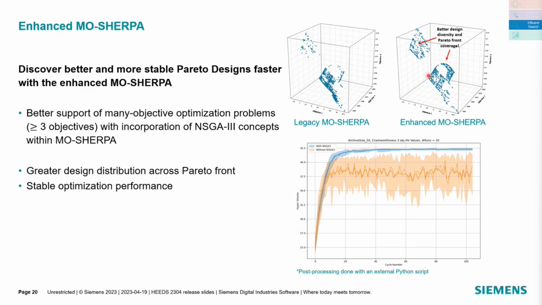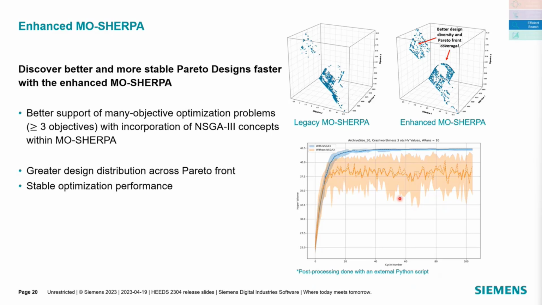So we can see in the enhanced MoSherpa that we have a much better spread between our different zones. And this is a crashworthiness test problem that nicely illustrates the concept of many objectives when we've got dead zones and we've got zones where we actually do find designs. Another aspect of it is that we also identified that it's actually a lot more stable.